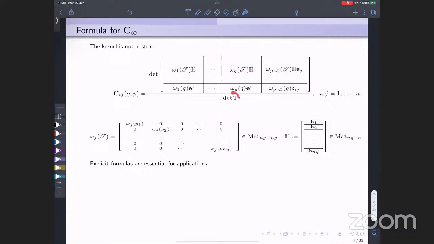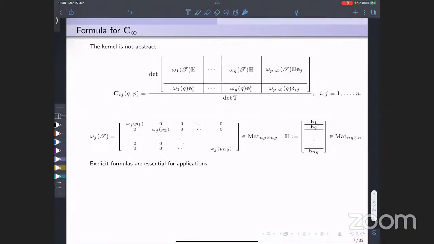Notice that in the denominator we have precisely the determinant of the Brill-Noether theorem, which of course reinforces my statement as before that this exists only outside of the theta divisor.